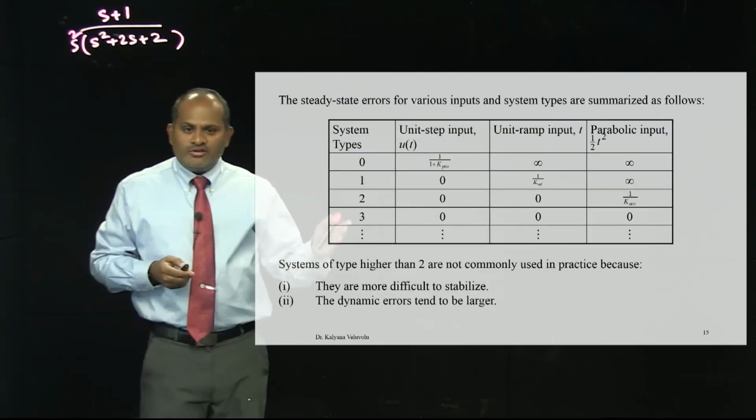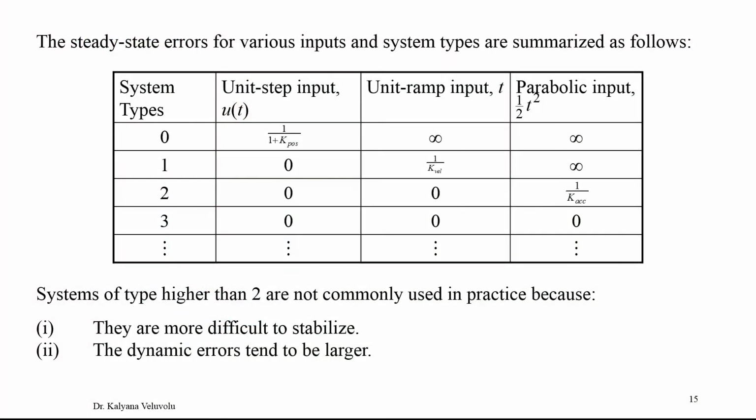Let us go through this table that gives us a good idea about the steady state errors. The steady state errors for various input and system types are summarized below. The first column is type 0, 1, 2, and then we have the three inputs: step, ramp and parabolic.